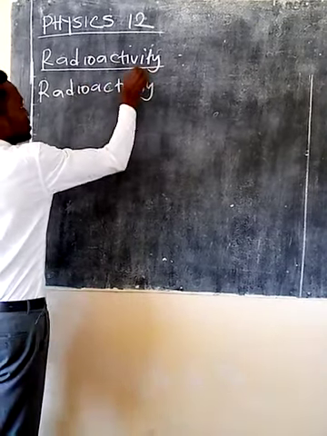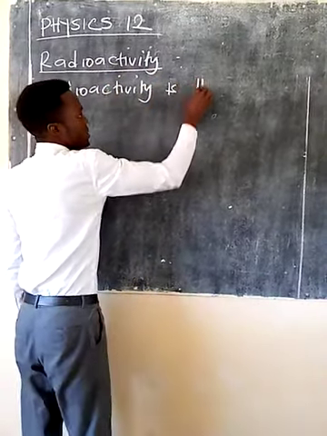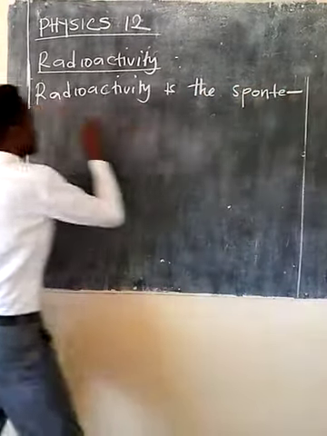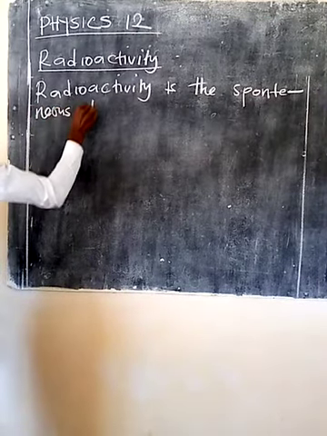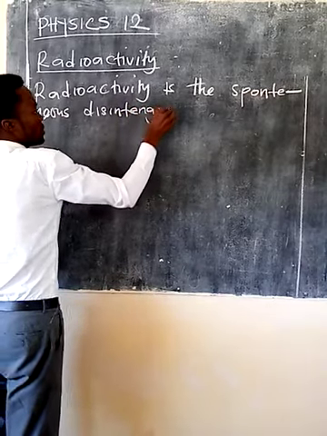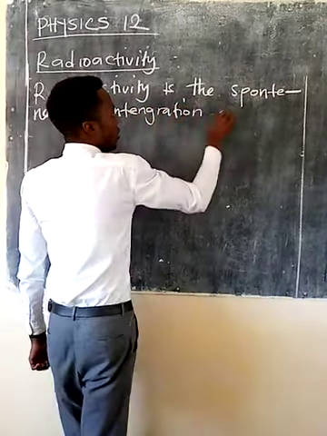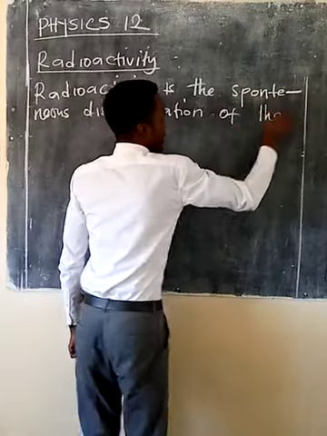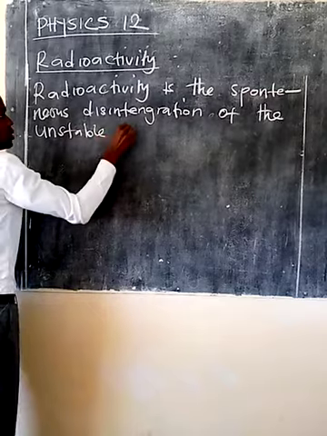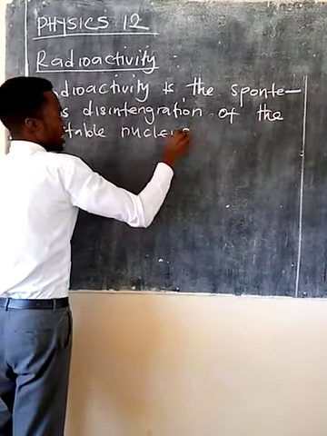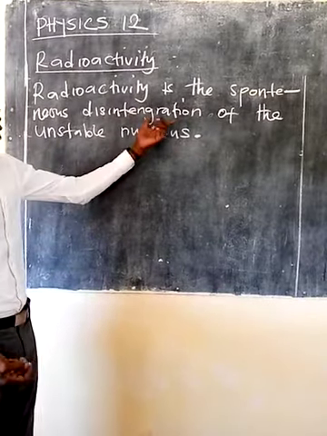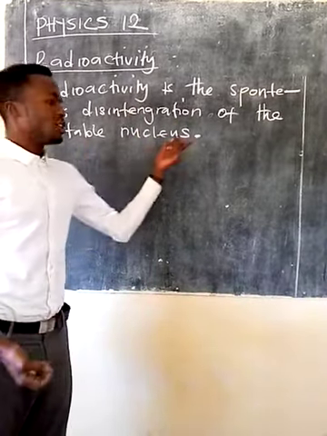So we can simply define radioactivity as the spontaneous disintegration of the unstable nucleus.